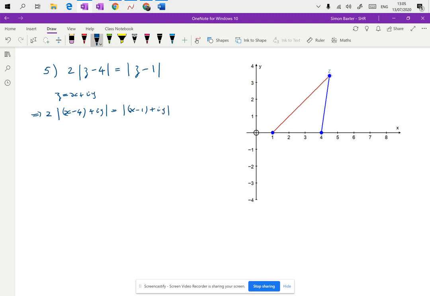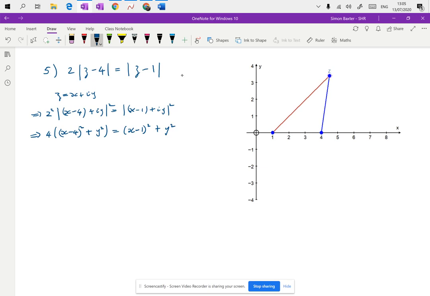Well, let's square both sides. 2 squared, mod squared, mod squared. That gives me 4 times real part squared, (x-4)², imaginary part squared, y², is real part squared plus imaginary part squared.